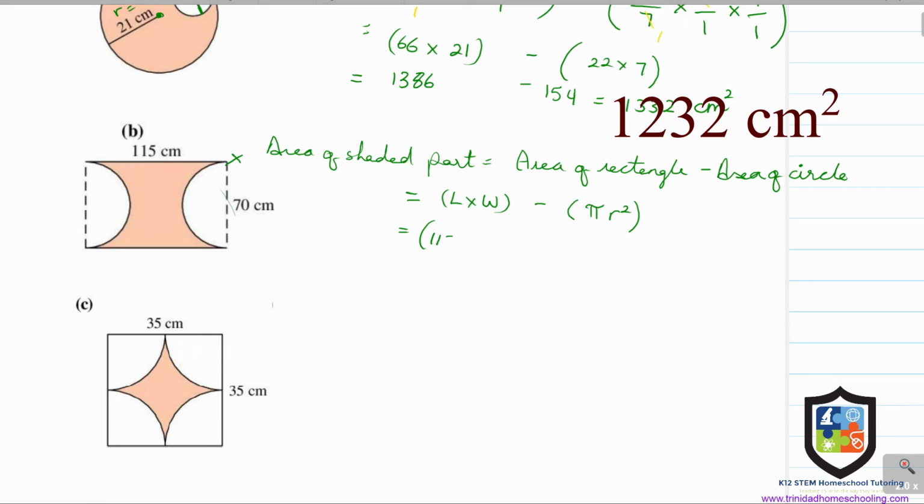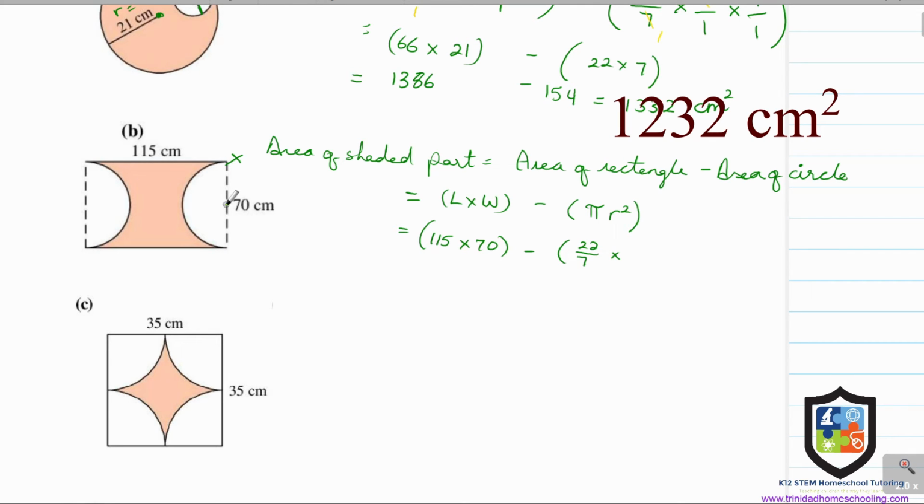So this is 115 by 70 minus, I'm going to use 22 over 7 as my pi. You could use 3.14 if you want. They didn't specify in this question, so you could use whichever one you prefer. Now, what is my radius? If we look here, this side of the rectangle makes up the diameter of my circle.